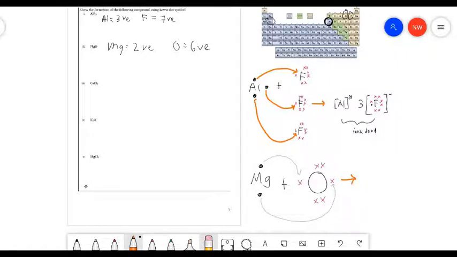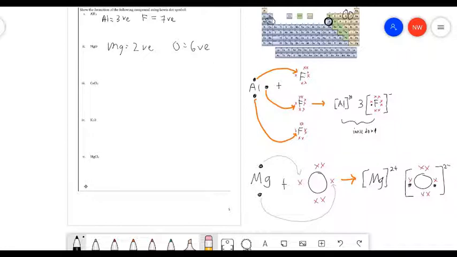Arrow tu kena tunjuk. So, you akan dapat magnesium hilang 2 biji elektron. So, bercharge 2 positive. And then oksigen terima 2 biji elektron daripada magnesium. So, dia akan bercharge 2 minus. Alright, so senang saja kan lukisan kita nak lukis.